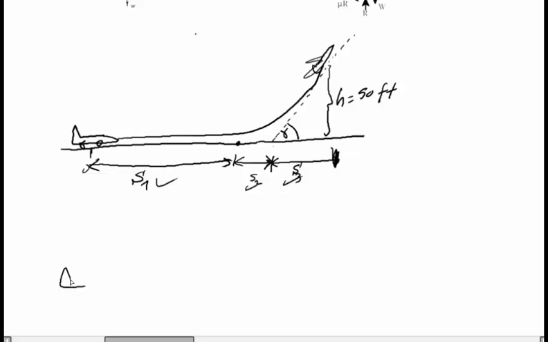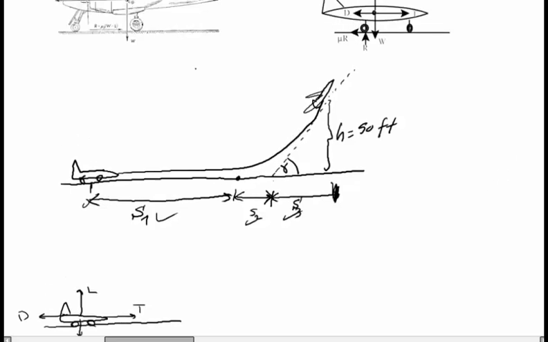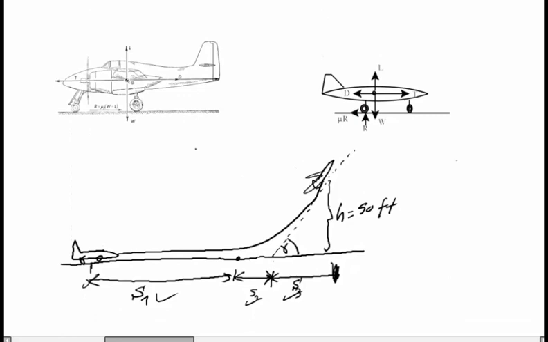The aircraft will go along the ground. We have thrust force and drag force, and we have lift force and the weight. Let's see two figures and I'll tell you what will happen.